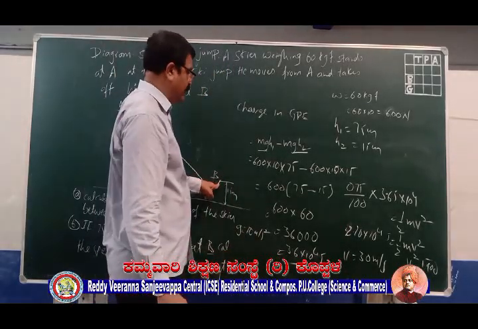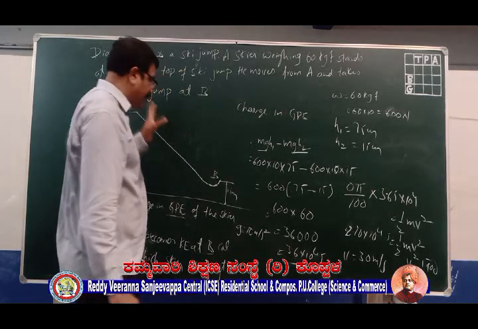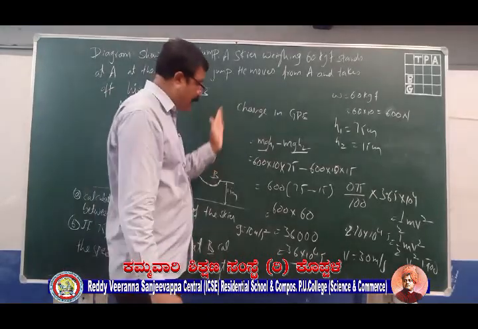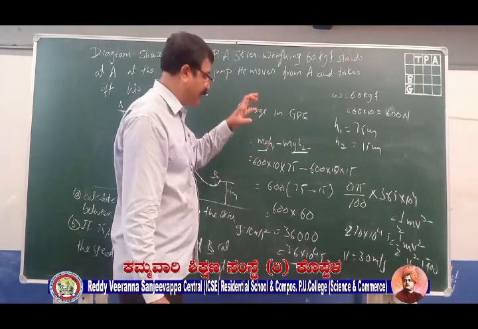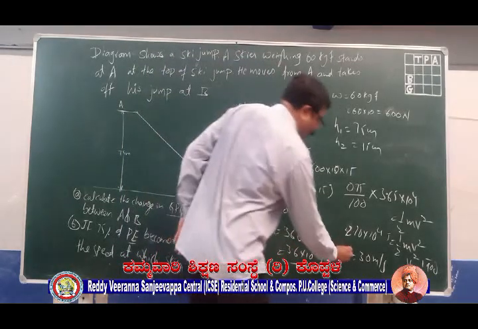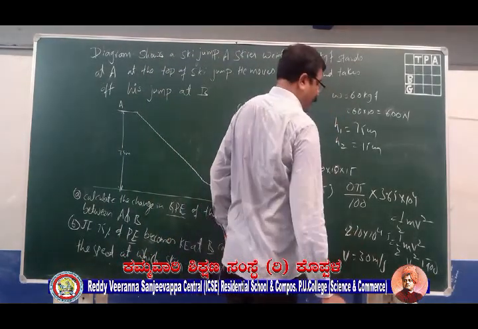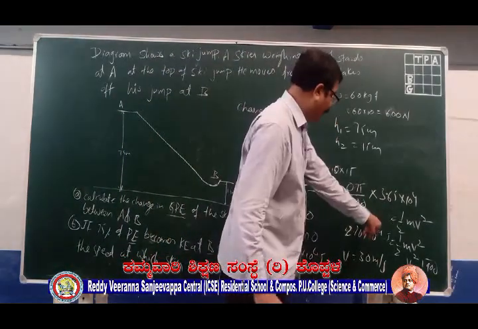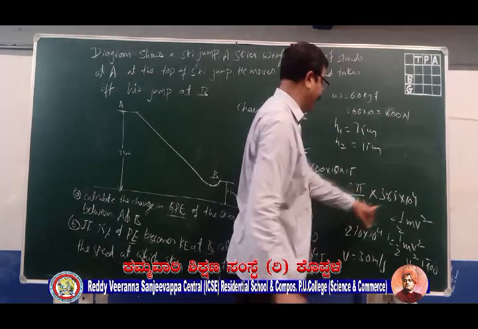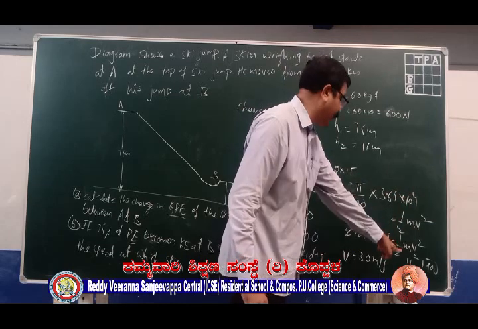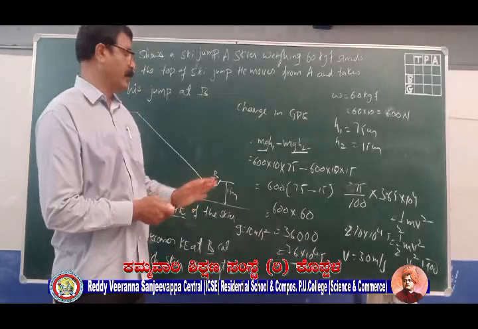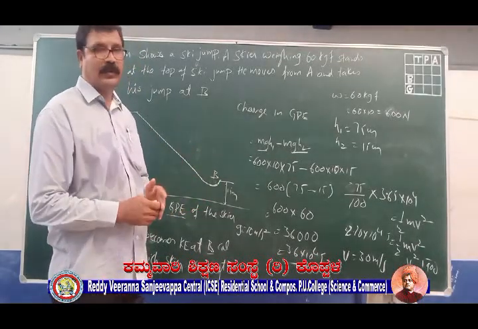This change in potential energy, if 75% of that is converted to kinetic energy, he is asking us to calculate the speed of the skier. So I have done 75 divided by 100 into 3.65, and when you calculate, you will get v is equal to 30 meter per second. Okay, so this is how you should do the problem.